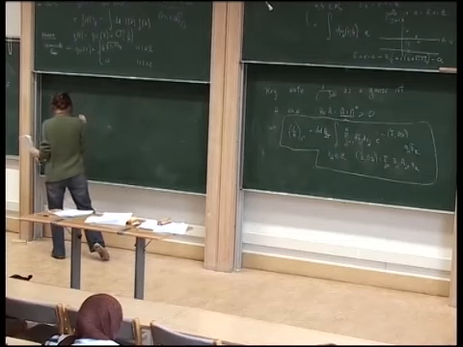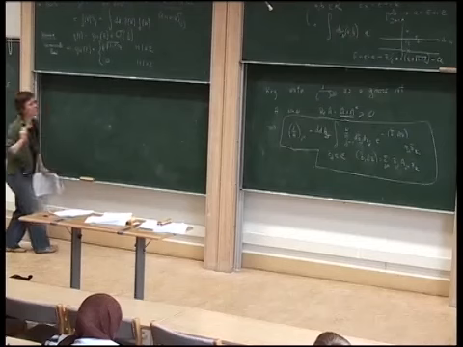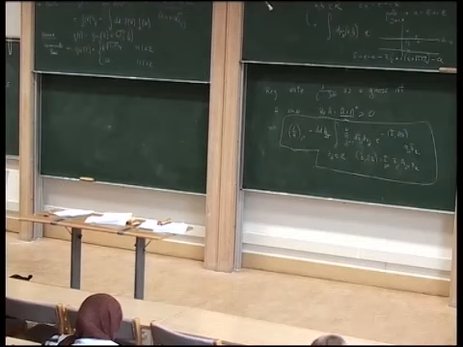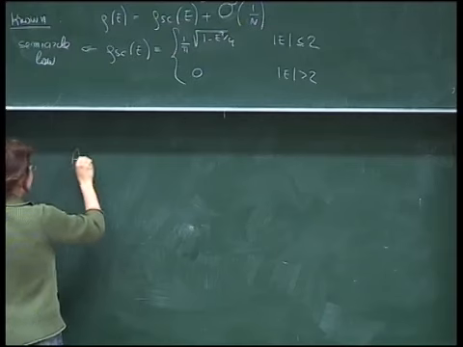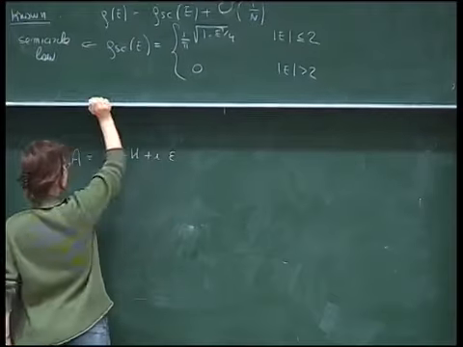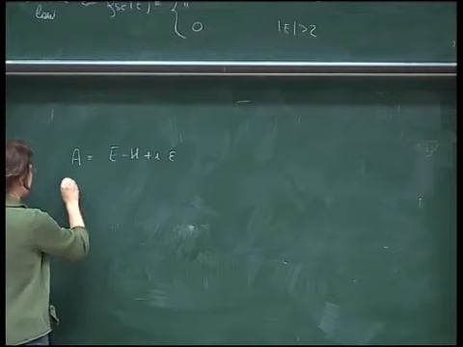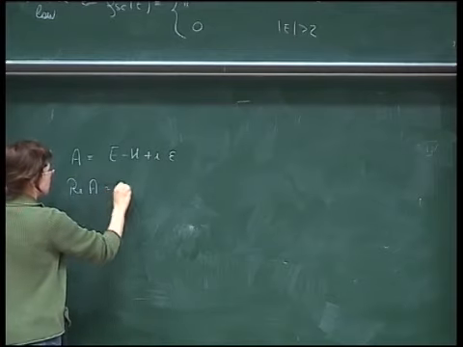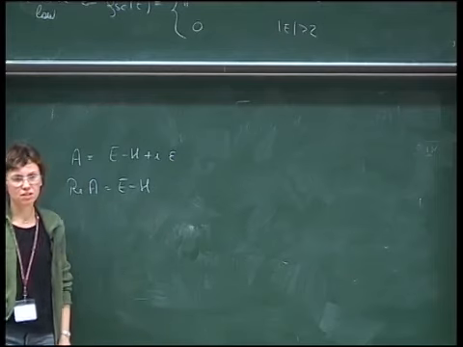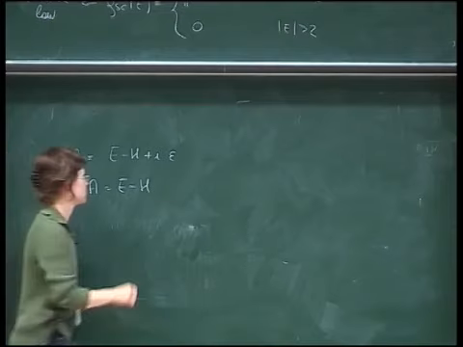So let's see. If I take A equal to E minus H plus i epsilon, the real part of this matrix is E minus H. But this has no definite sign, so that's not good.